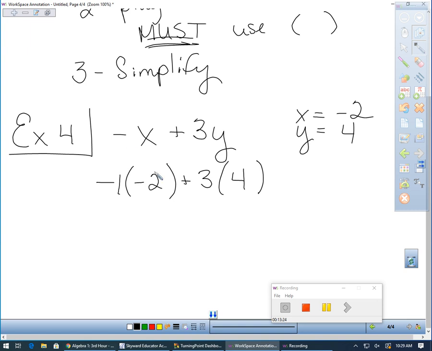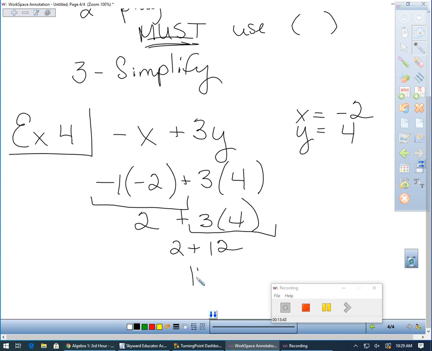This is negative 1 times negative 2, which is positive 2. Plus 3 times 4. Now we can do our multiplication. 3 times 4, which is 12. And then we add and we get 14. Okay? Good job.